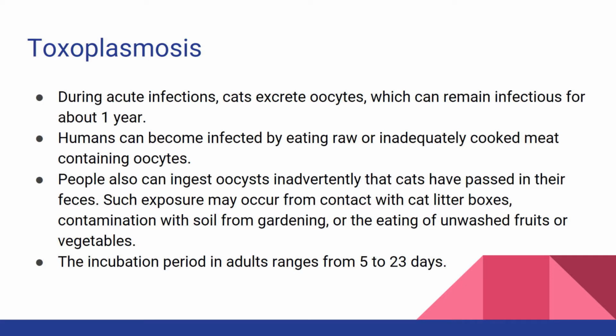As such, that's one of the reasons that pregnant women are often advised to wear gloves when gardening or having any kind of contact with soil or sand. Also, they should avoid changing cat litter if at all possible, or if they absolutely need to, wear gloves and wash their hands well afterwards.